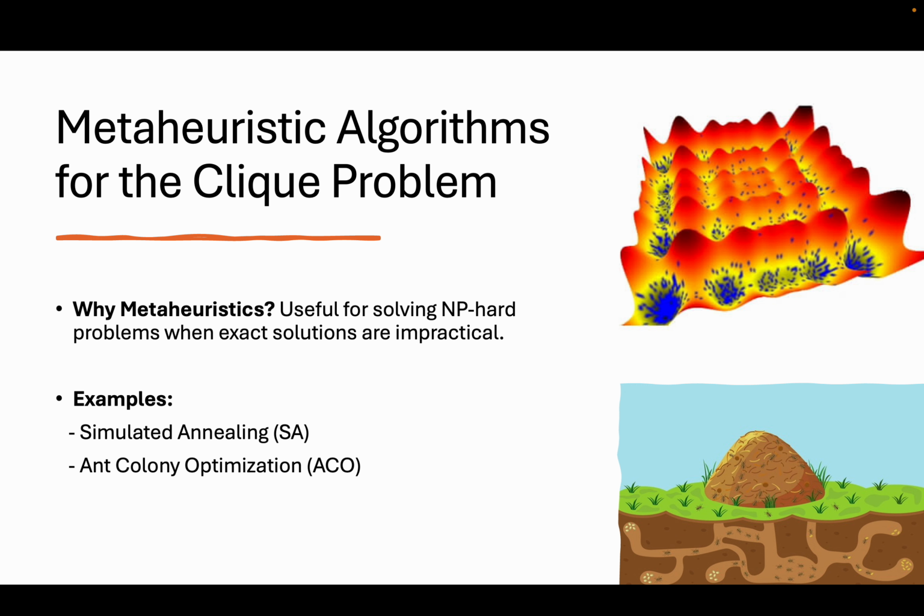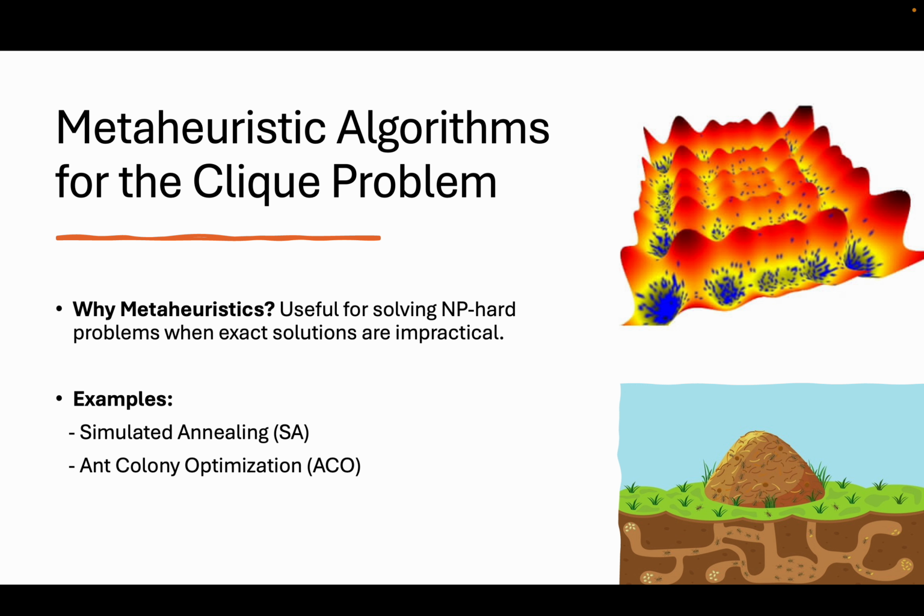So the second example is ant colony optimization. Imagine ants finding the quickest way to food. They leave a scent trail that other ants follow. In ACO, the algorithm uses artificial ants that explore different solutions.